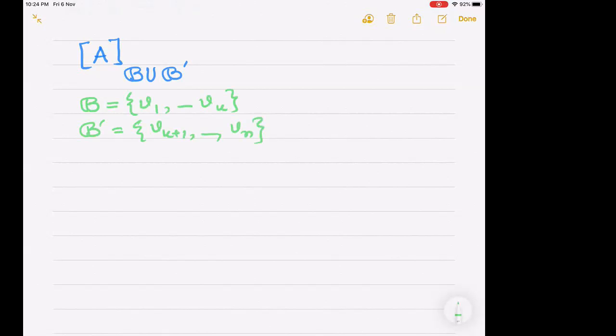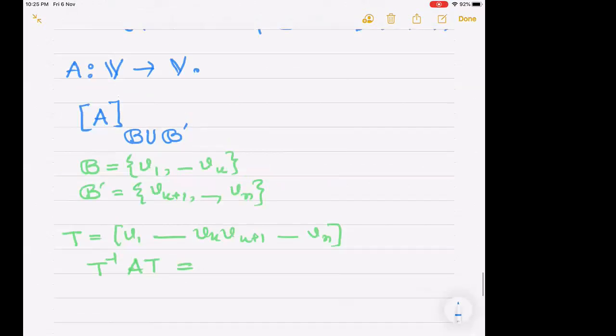Then I define T to be equal to [v1 ... vk, vk+1 ... vn]. This is my T matrix. Then what I'm trying to find is T inverse AT.